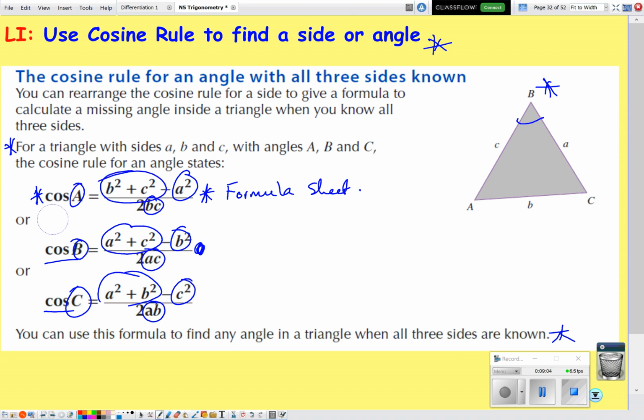So you see the kind of pattern that emerges there. So this last sentence is really, really important. You can use this formula to find any angle in a triangle, so long as you know the lengths of all three sides.